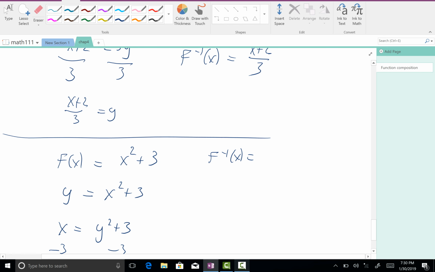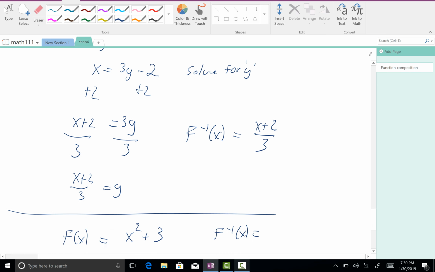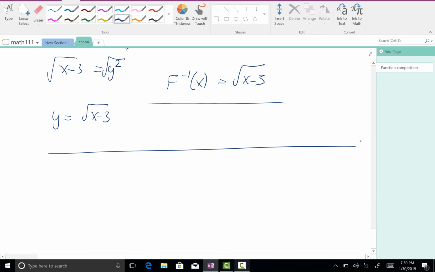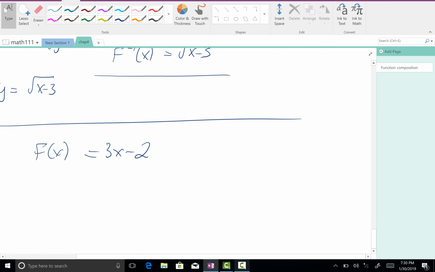Okay, so that first one we did was 3x minus 2. So here's what I want you to think about. Suppose that we knew x was 4. So I want to find f of 4. Tell me, if you were to do this on your own, by hand, what would you do first?